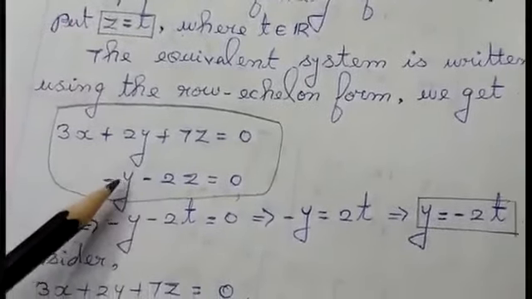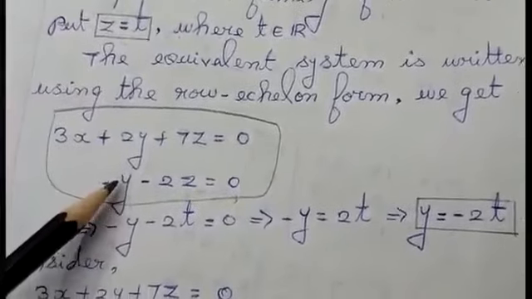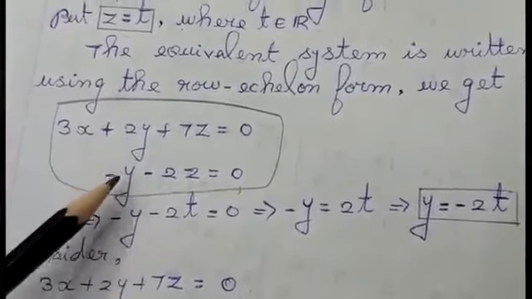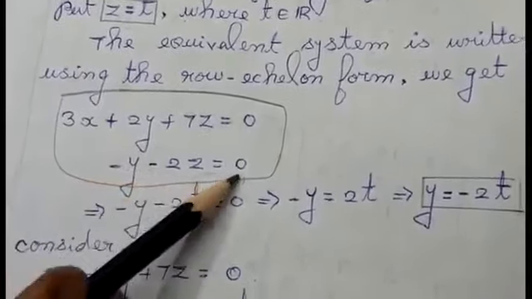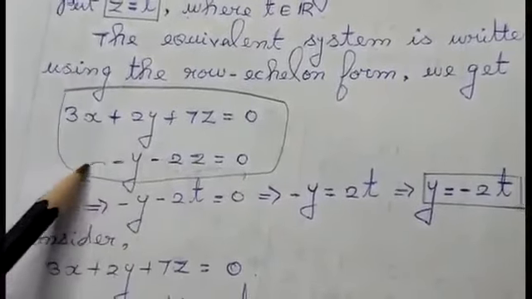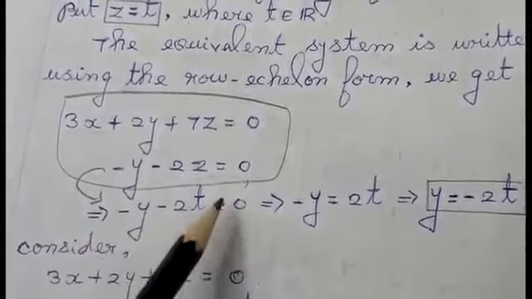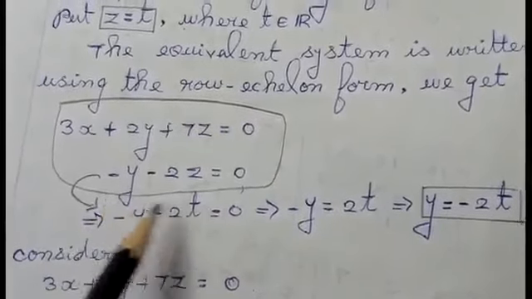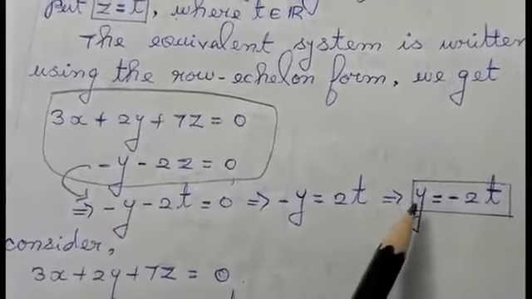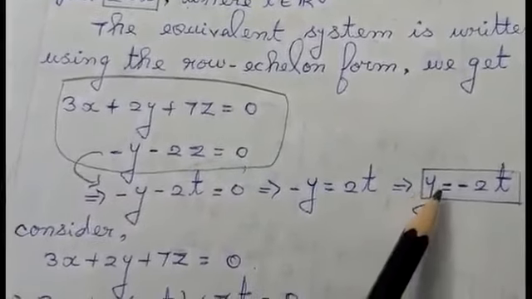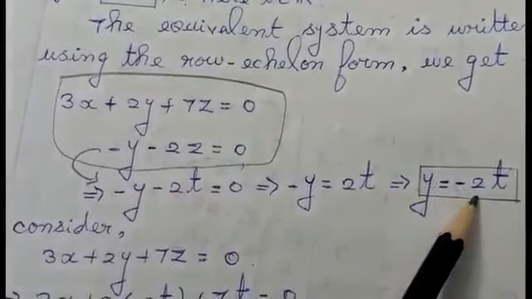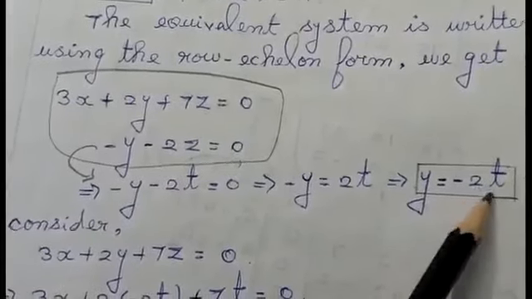Using the back substitution method, I am going to do the calculation. Minus y minus 2z equal to 0. I am taking this equation. This equation can be written as minus y minus 2t equal to 0. I want to find the value for y. So what is the value for y I am getting here after calculating? I am getting y equal to minus 2t.